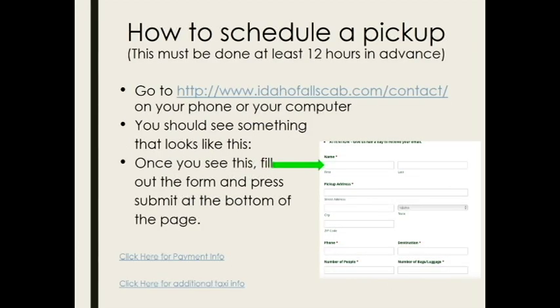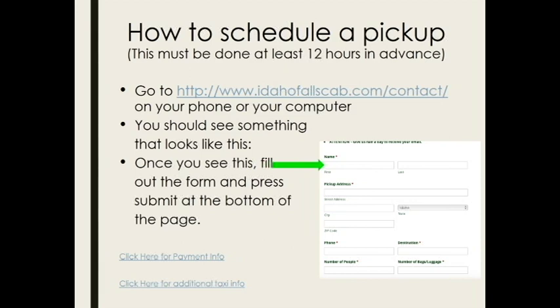If you would like to schedule a pickup for a taxi, this must be done at least 12 hours in advance of when you would like to be picked up. All you have to do is follow the link that we have on this screen, and that will take you to a website where you should be able to see something like this picture in the bottom right hand corner of the screen.